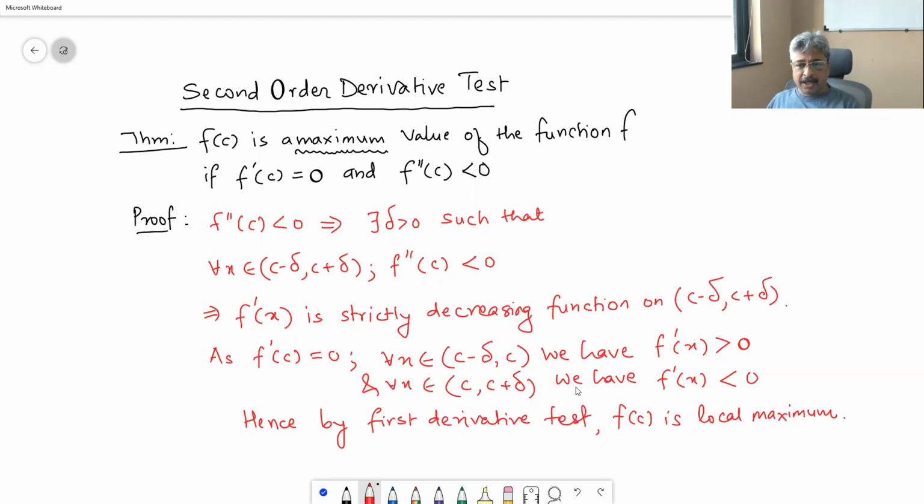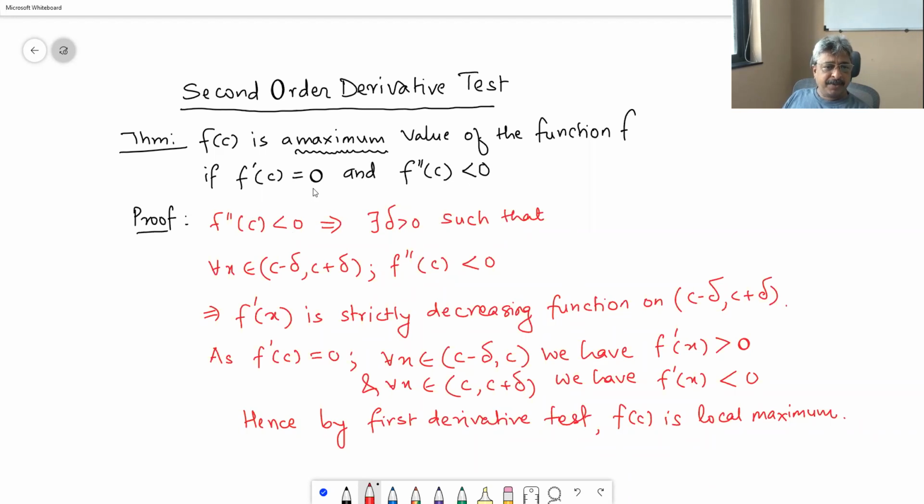This is very interesting and very simple. You just visualize what is happening to those particular functions. f of x, what is happening? f dash of x is yet another function, find out what is happening to that, and f double dash of x is yet another function. So if f double dash of x in the vicinity of c is always less than 0, that means f dash is a decreasing function.